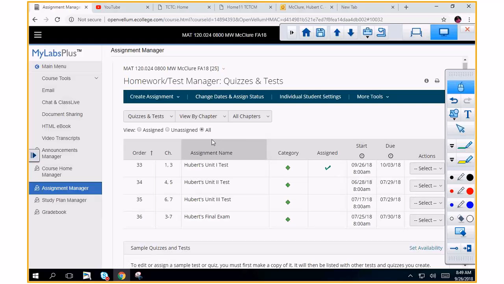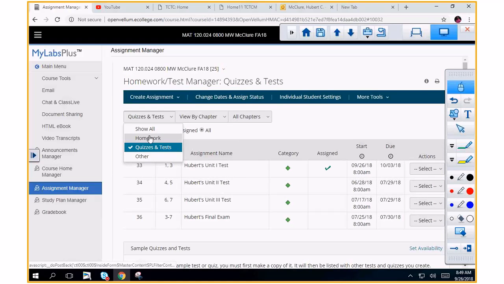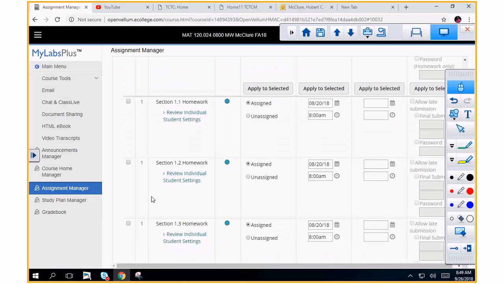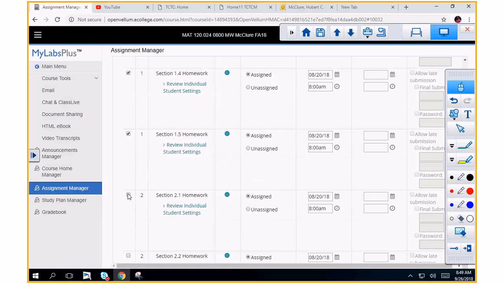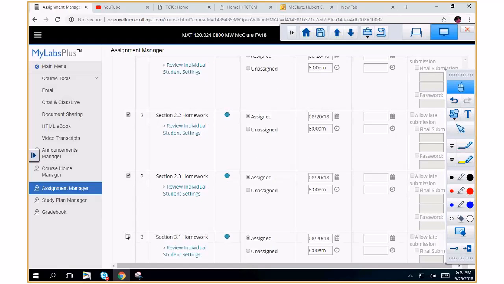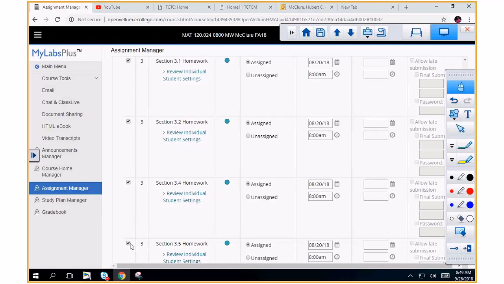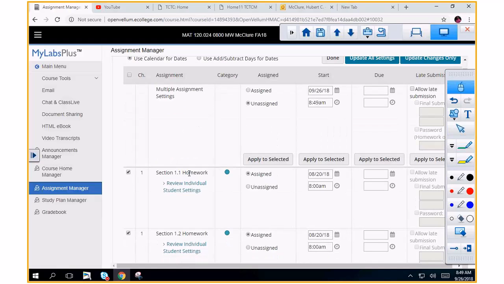All right, so let's go to the homework now. Since I've started the test, let's go to the homework. Let's see, change dates. And this is all chapters 1, 2, and 3, right? I always give y'all 1 day that you can come back and ask questions.